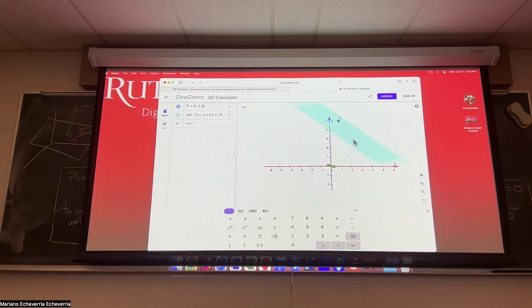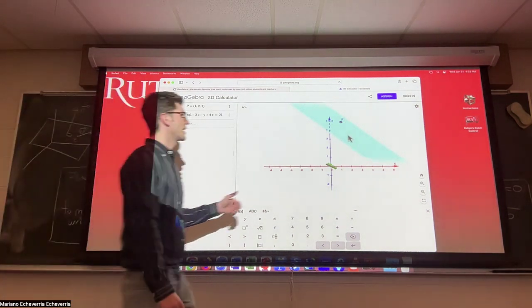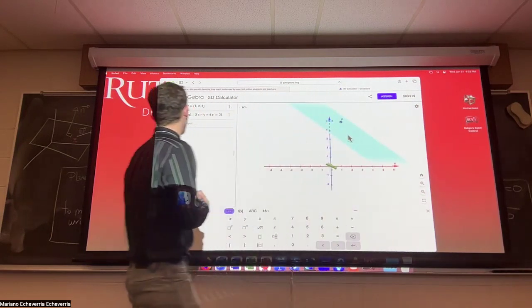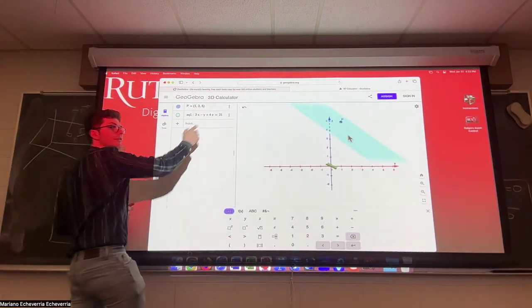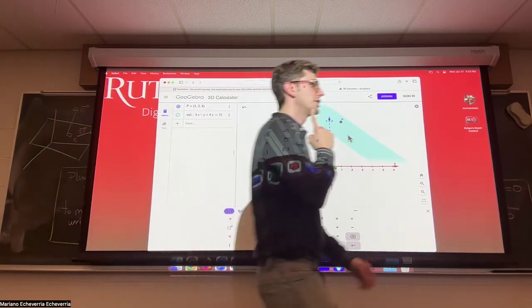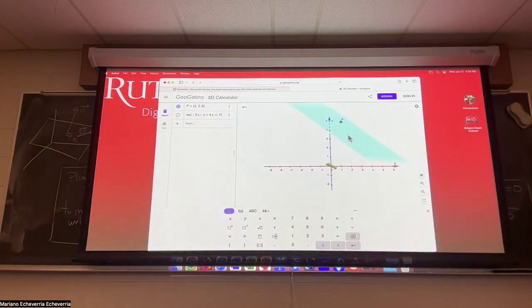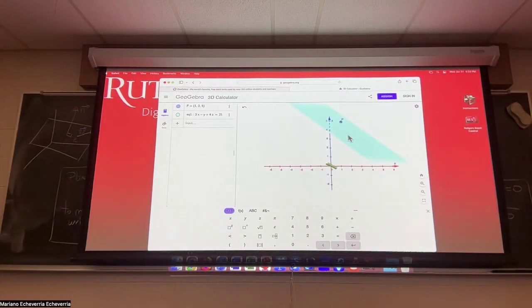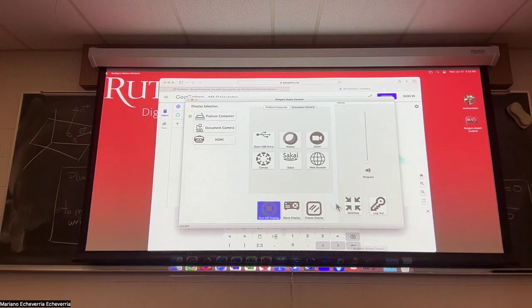If you look at this plane, you see it's passing through this point, which is what we wanted. And if you find the normal vector, you would see it's parallel to 3, -1, 4.